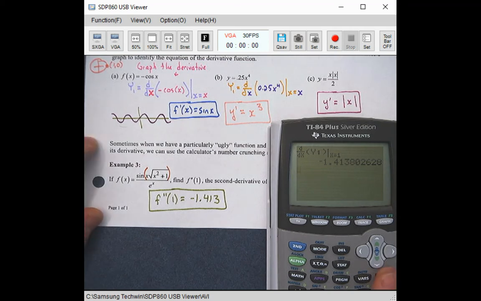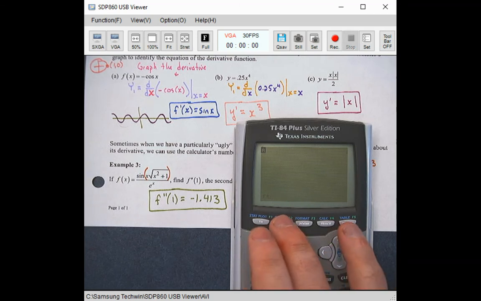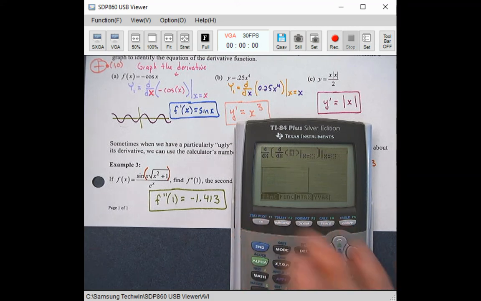Let me show you another trick here. If I want to take the second derivative, I could take the derivative, oops, not the absolute value, the derivative according to x of the derivative according to x of my function. Why did I pick such a messy function to show this?